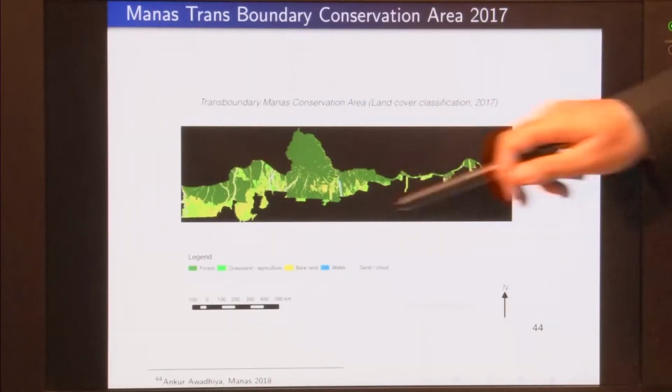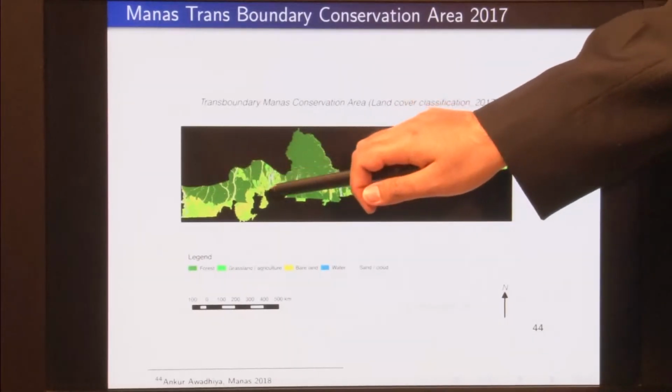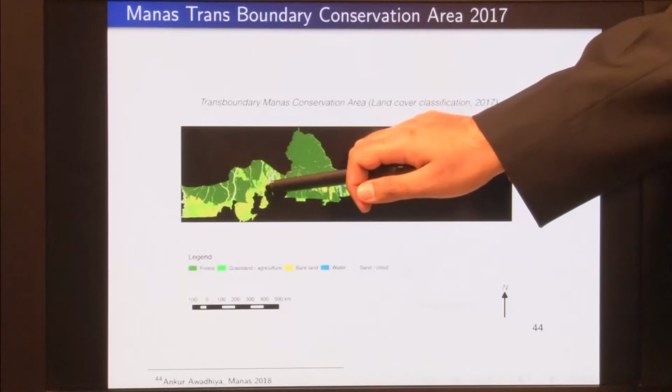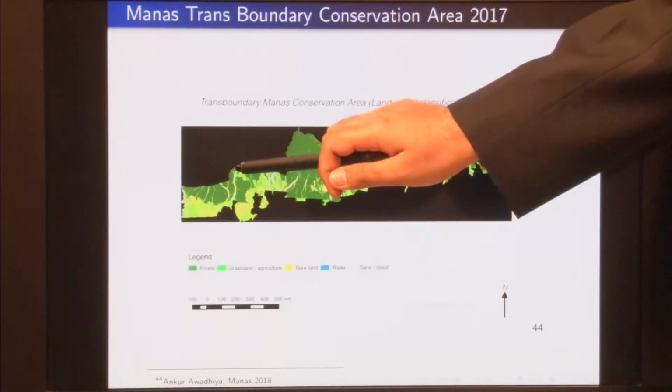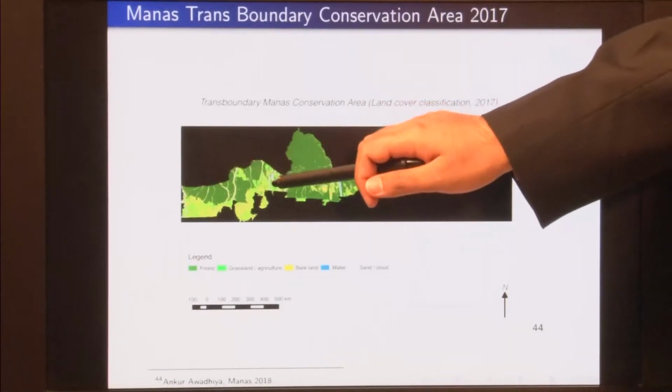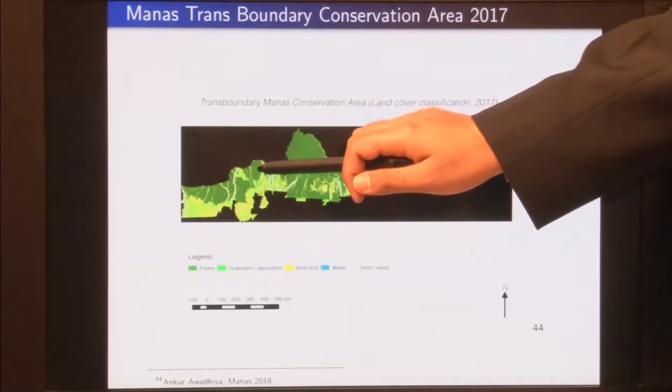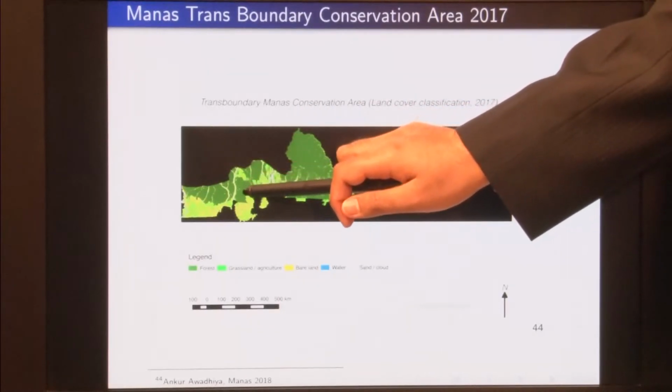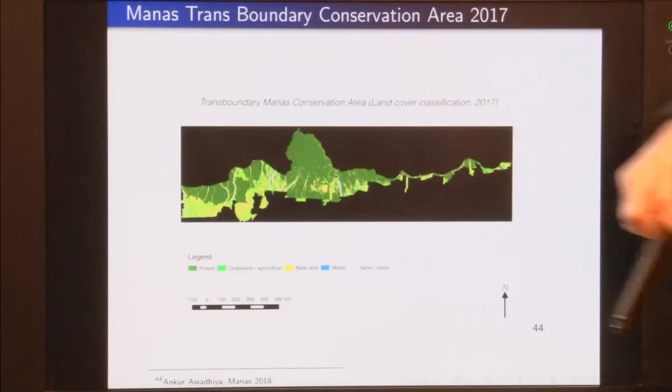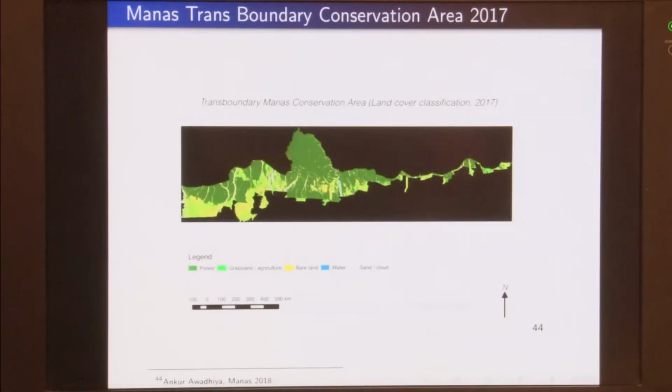We are having some human settlements, some villages that have come up here, and they are encroaching into these areas and cutting away the trees. Once this tree cover is lost, the animals will not be able to move from this point to this point. To look at these images again, this was in 2003, then in 2017.